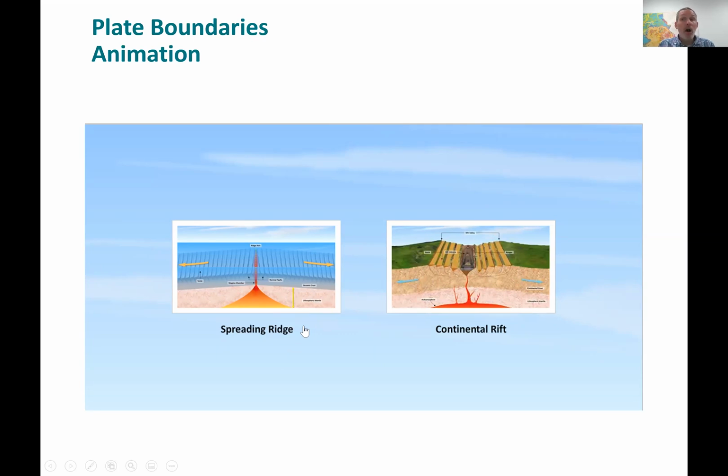But this can occur underneath the continents. We've got some famous examples of this where the plates are pulling apart and allowing volcanoes to occur. One of the areas that this is occurring in currently is in Eastern Africa, in the East African Rift Zone. It's called the Rift Zone because this area is pulling apart.